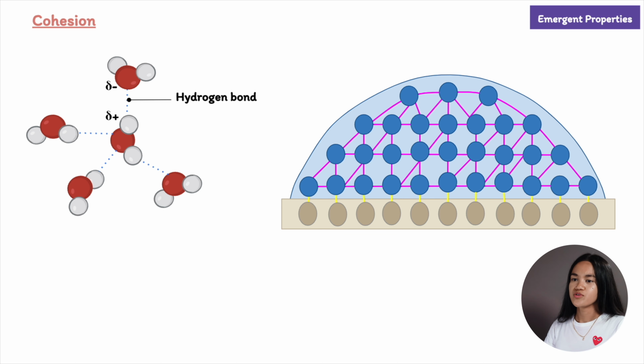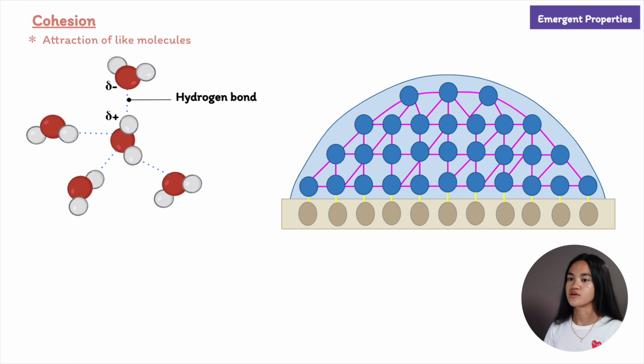Okay. So we covered how water molecules stick to one another because of hydrogen bonding, which is why water is more structured in comparison to other liquids. Cohesion is the linking or attraction of like molecules. Molecules of the same kind being attracted to each other, usually held by hydrogen bonds, which is why water molecules have strong cohesive forces because they have the ability to form hydrogen bonds with one another.